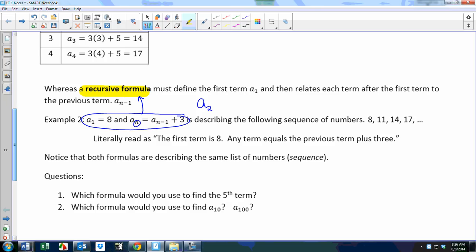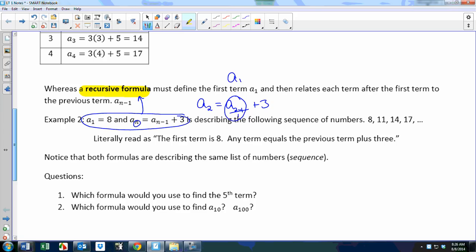In the little spot where n is, on the right side of this formula, it would say take a sub 2 minus 1, which would be a sub 1, right? That would turn into a sub 1 plus 3. What's that saying to do? To find the second term, take your a sub 1, take your first term, and add 3.